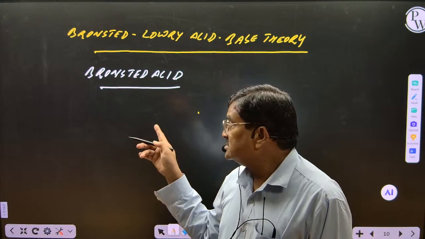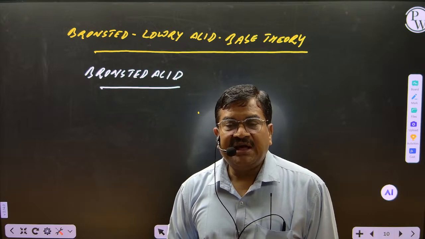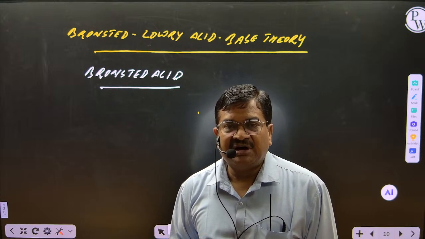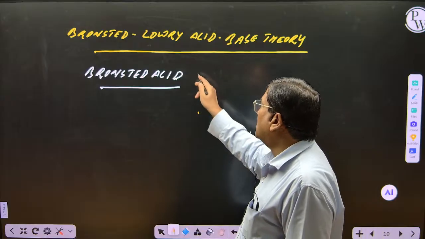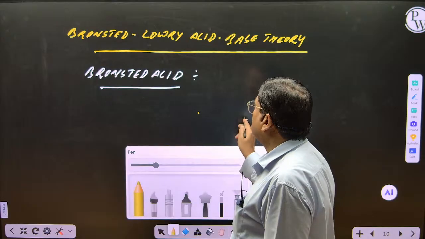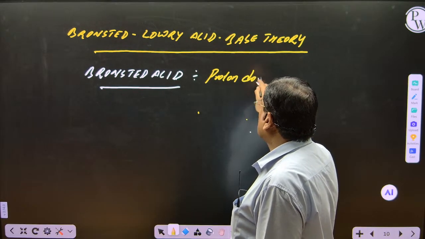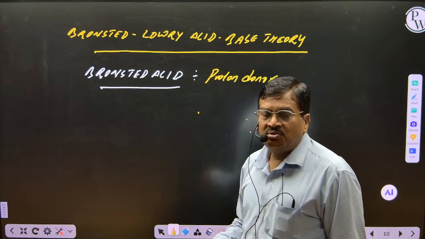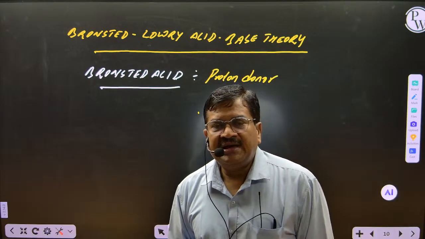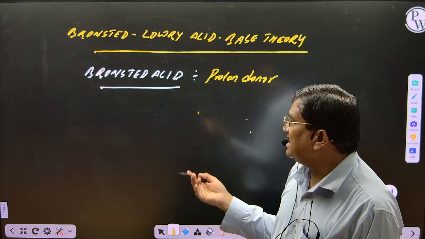So here also, substances which donate proton are called Bronsted acid, or simply proton donor. Here write proton donor, the one that donates proton. Understood? Whichever substances give proton are called Bronsted acid.